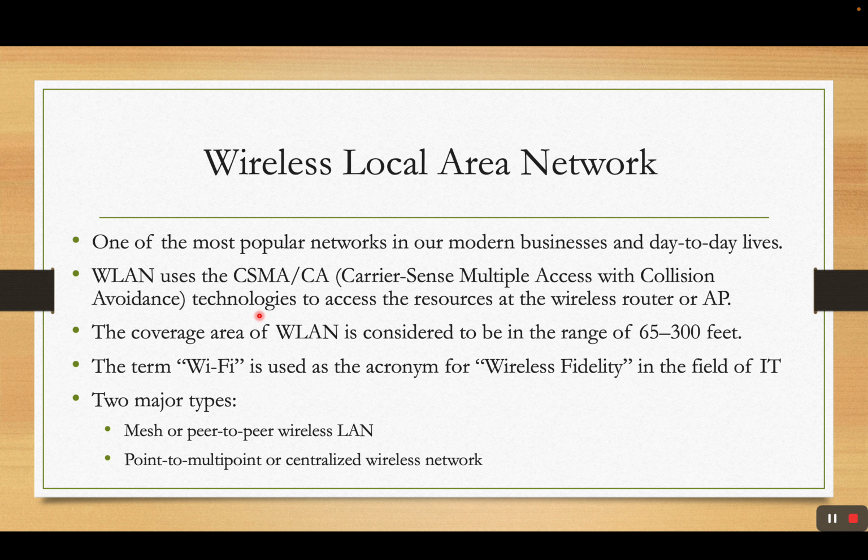In this type of technology, a device that wants to transmit data first listens to the network channel to determine if another device is currently using this channel. Now, if the channel is idle, the device can proceed with the transmission. However, if the channel is busy, guess what?